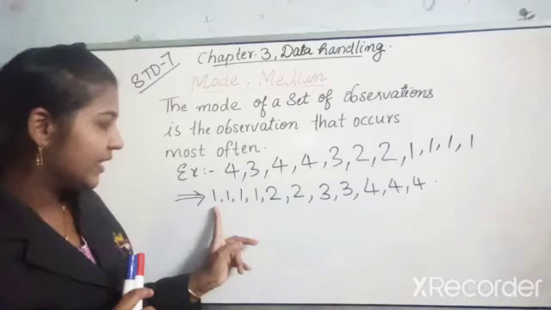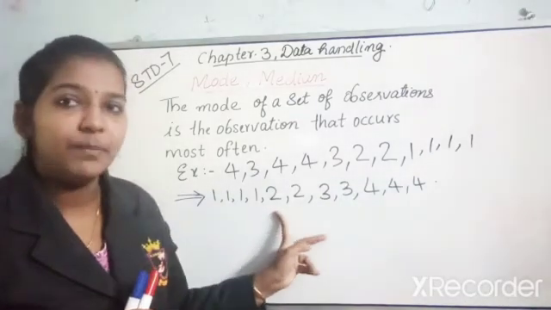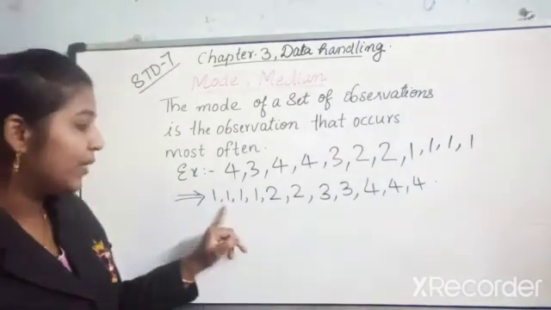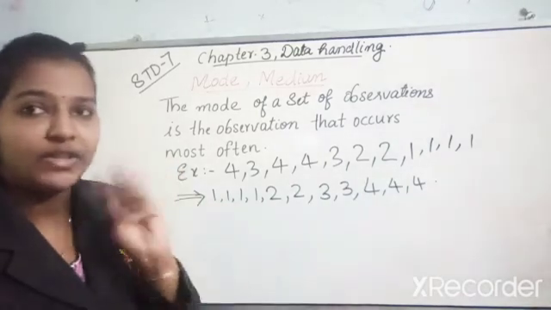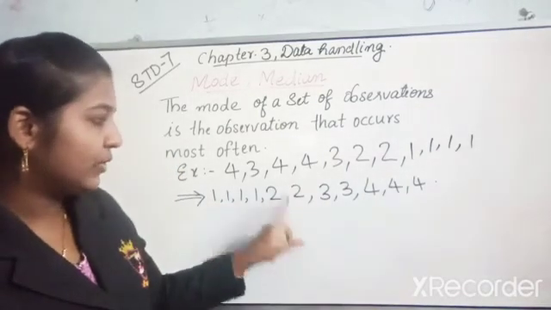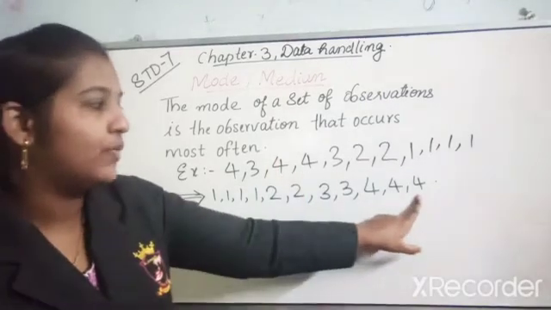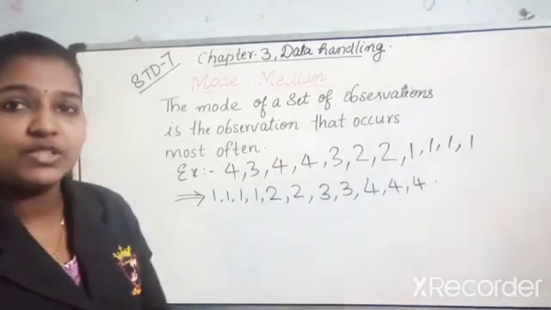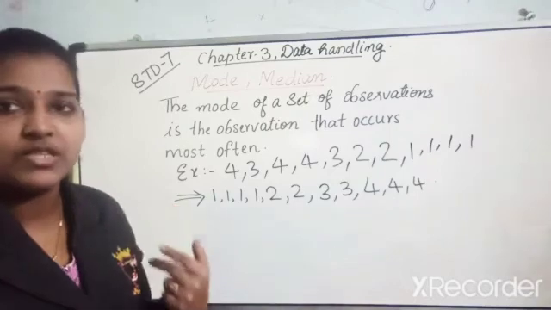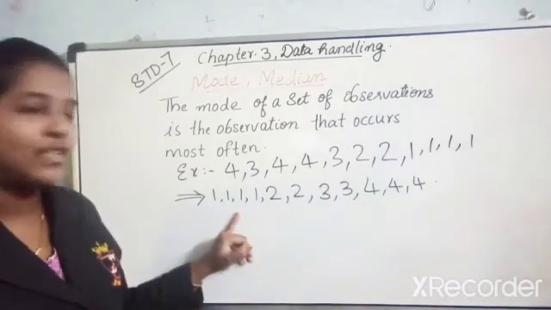Look, the number 1 is repeating most because the number 1 is repeating 4 times. Number 2 is 2 times, number 3 is 2 times, and number 4 is 3 times. So which observation is repeating most? That is 1.